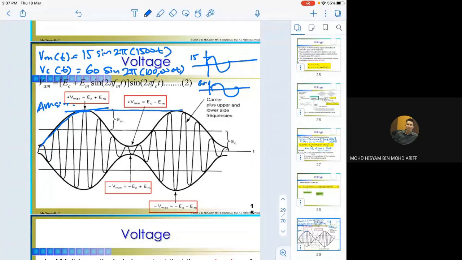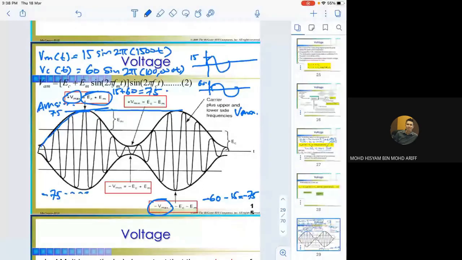Vmax means Vc plus Vm, so 15 plus 60 equals 75. Then the negative Vmax equals negative 60 minus 15, which equals negative 75. So you get a positive peak of 75 and a negative peak of negative 75.